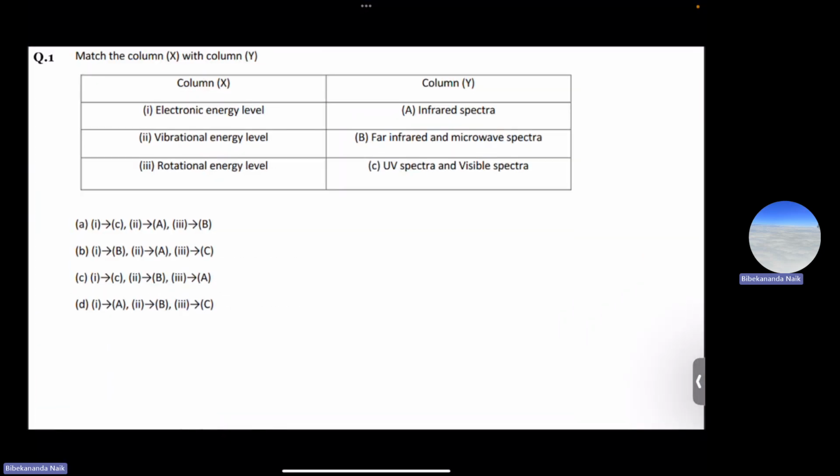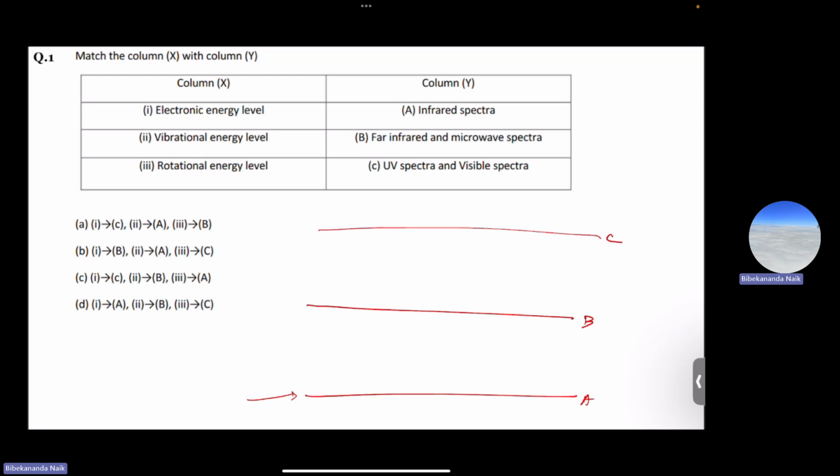If you remember the discussions we had a few weeks before, if you talk about the energy levels, suppose there are three levels. These A, B, C are called electronic levels.